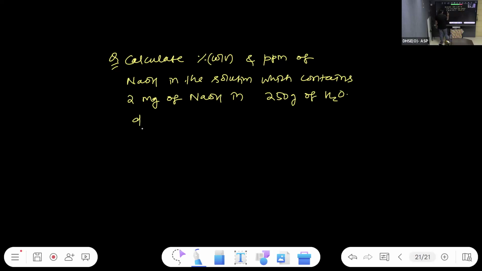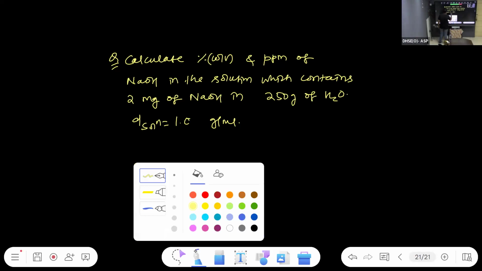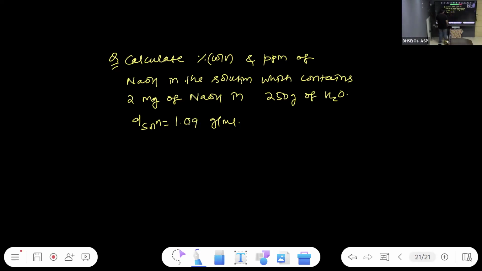The density of the solution is about 1.09 gram per milliliter.